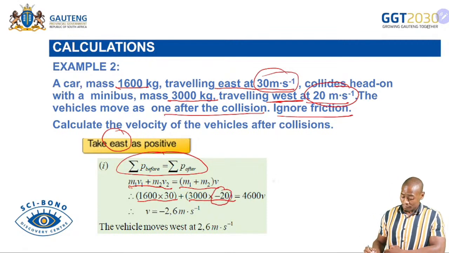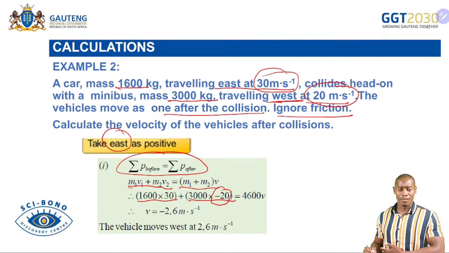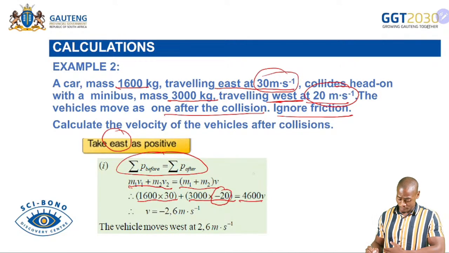After collision, they are moving as one, so we combine the masses. Where is this 4,600 coming from? The mass is 1,600 for the car and 3,000 for the minibus, so if you combine the two masses, you will have 4,600. So it's 4,600 times V. The final velocity of the car-minibus system will be negative 2.6 meters per second.